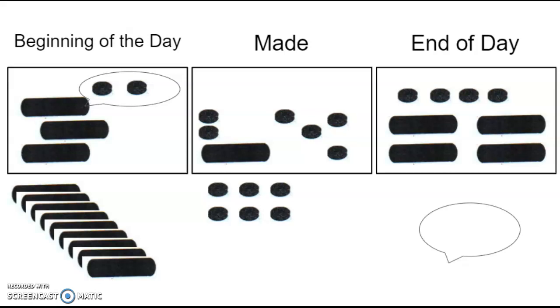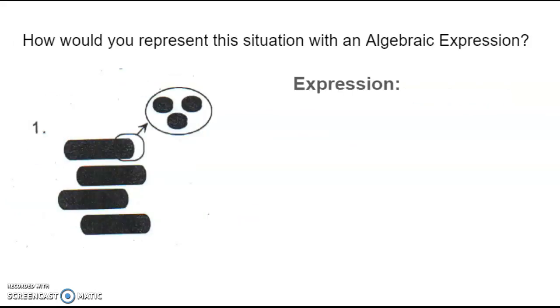Let's look at how we represent these. So right here, we could represent this situation with an algebraic expression. We don't know how many candies are in each of these rolls, so that's going to be my variable amount. I do know that exactly 3 are missing though.